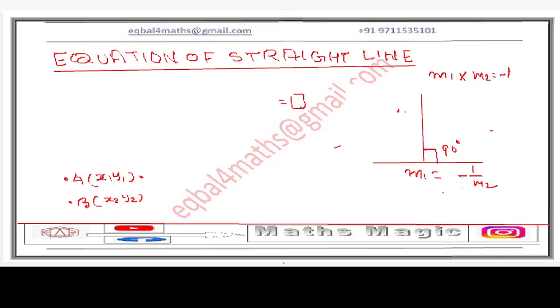One more thing you have to be careful about: in most calculators, when you draw the graph, you have to always arrange the equation in slope-intercept form, like y = mx + c. You put only the right-hand side in the function of the graphing calculator, and then you can graph it.